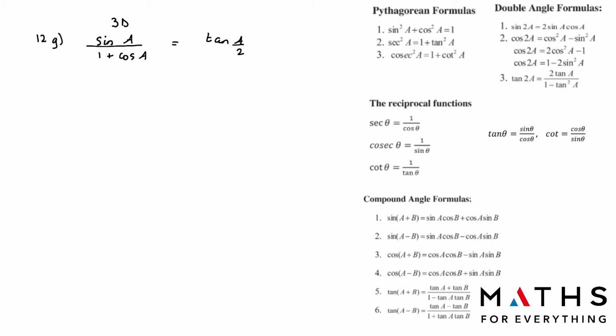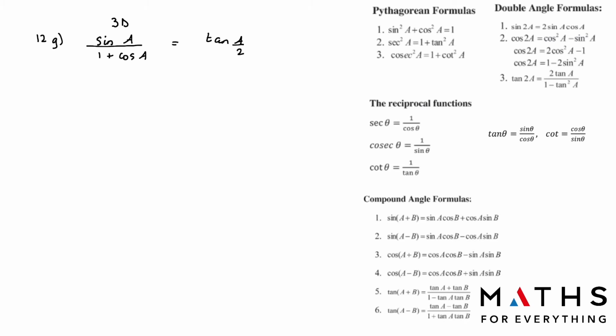12G, we have sine A over 1 plus cos A, and we want to find tan A over 2. If I explain it separately, you might find it difficult to understand. So I will give you a suggestion.